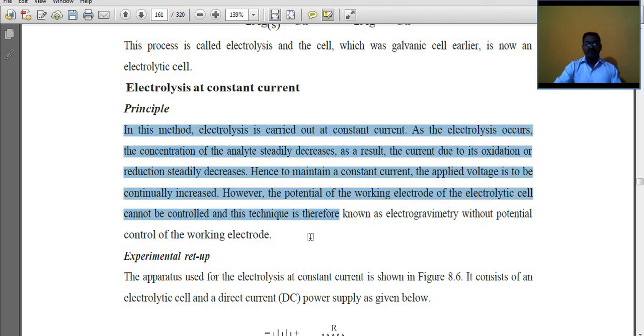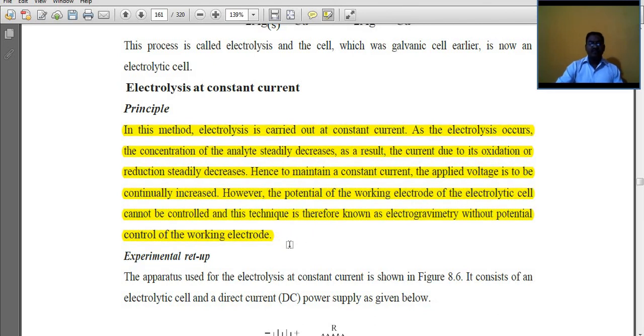The principle of this experiment: in this method, electrolysis is carried out at constant current. As the electrolysis occurs, the concentration of the analyte steadily decreases. As a result, the current due to its oxidation and reduction steadily decreases.